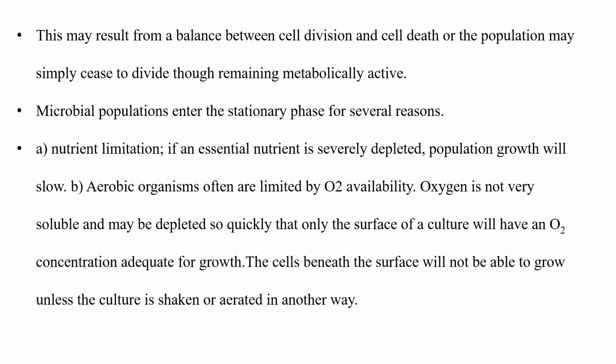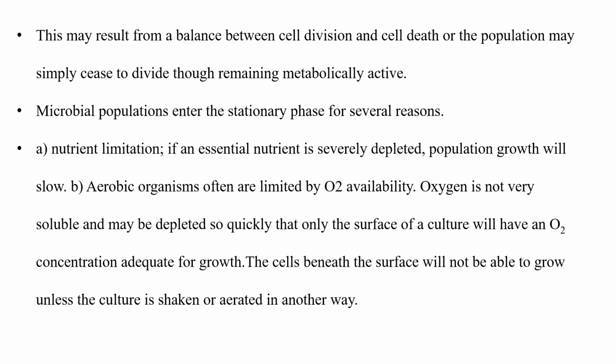If your organism is aerobic, then it may require oxygen. So in the case of an aerobic organism, its growth can also be limited by the availability of oxygen. Oxygen is not very soluble and therefore it may be quickly depleted, or its concentration may go down.